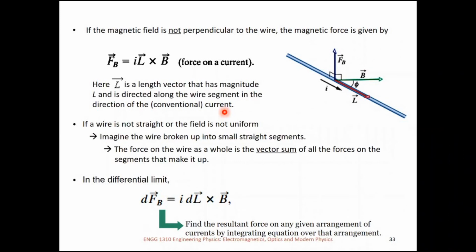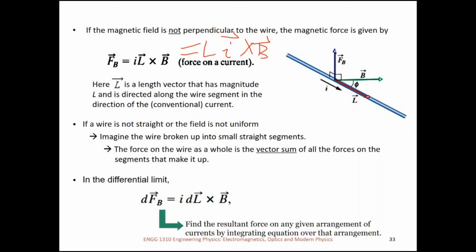Another way that someone likes to write it is L I cross product with B. In that way, we don't need to redefine what the L vector is. Either way is fine.